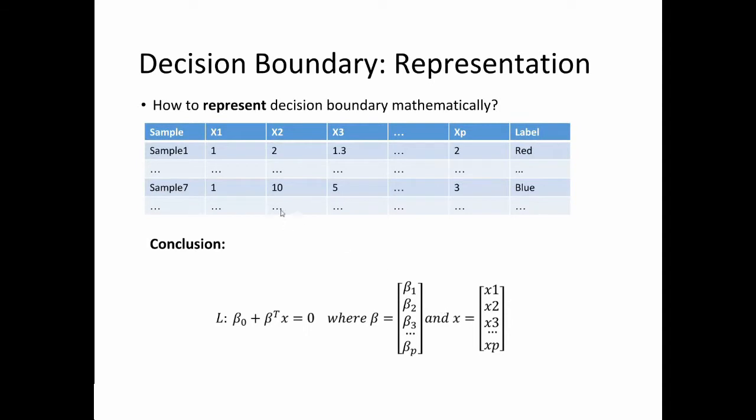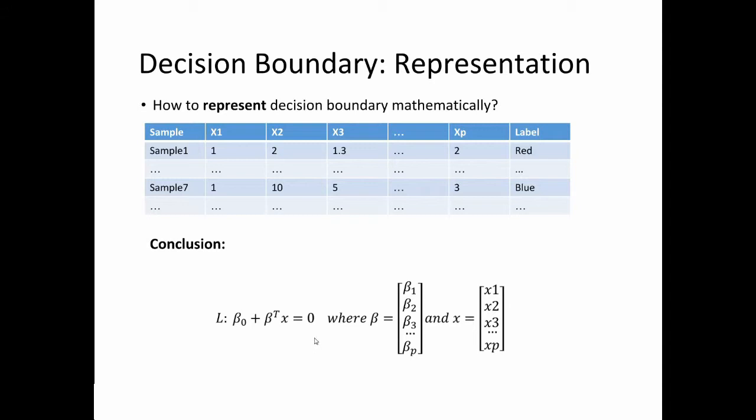And it turns out that it can be expanded to p number of features, and p can be any positive integer, for example, 1, 2, 3, 4, and so on. Even if we have p features, we'll still get the same form of decision boundary, beta naught plus beta transpose times x equals 0, and only beta and x need to be adjusted accordingly.